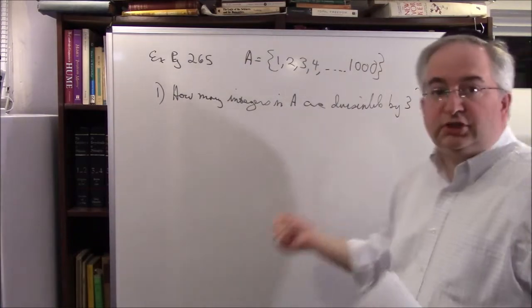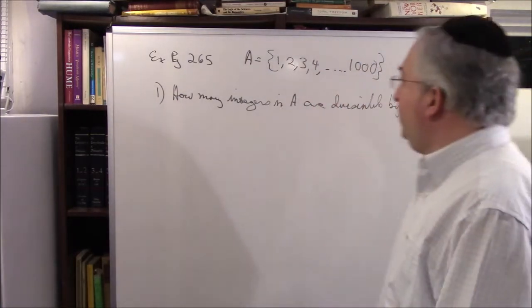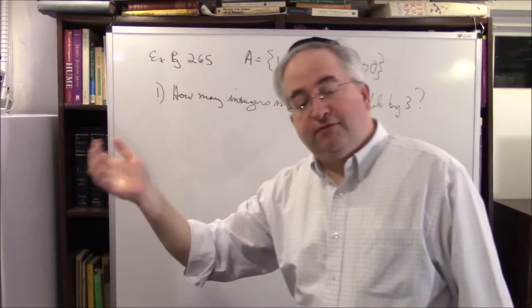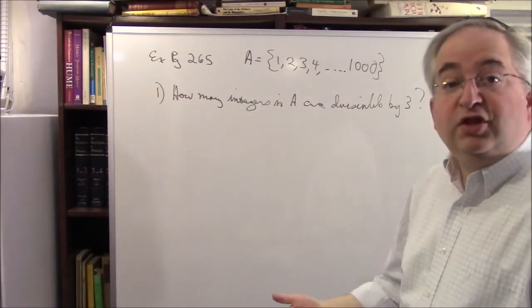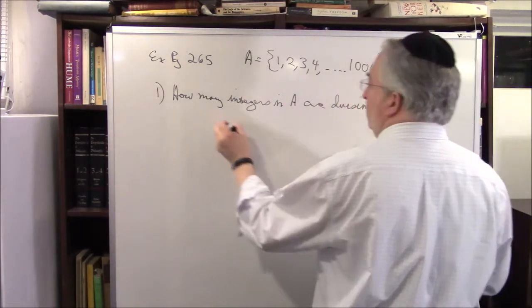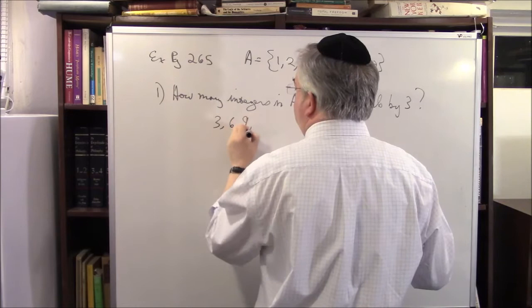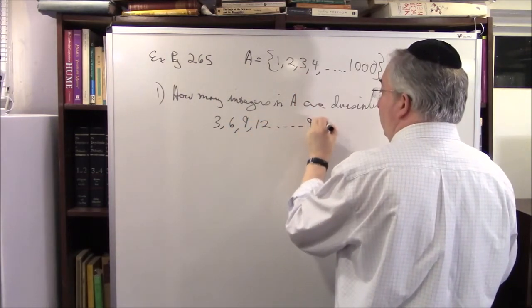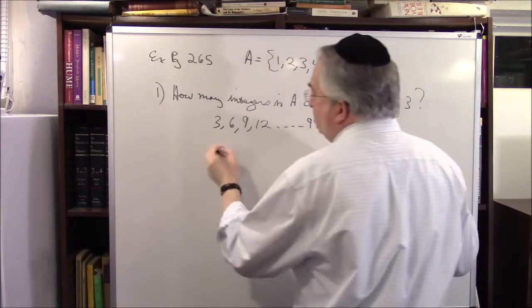Okay, so let's start counting. 3 is divisible by 3, 6, 9, 12, 15, 18, every third. And the answer is 3, 6, 9, 12, up to 999. So it's basically every third.